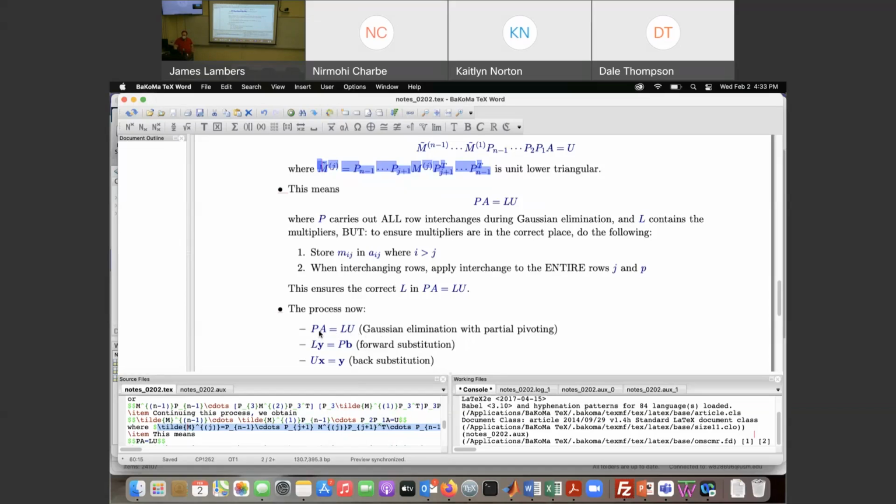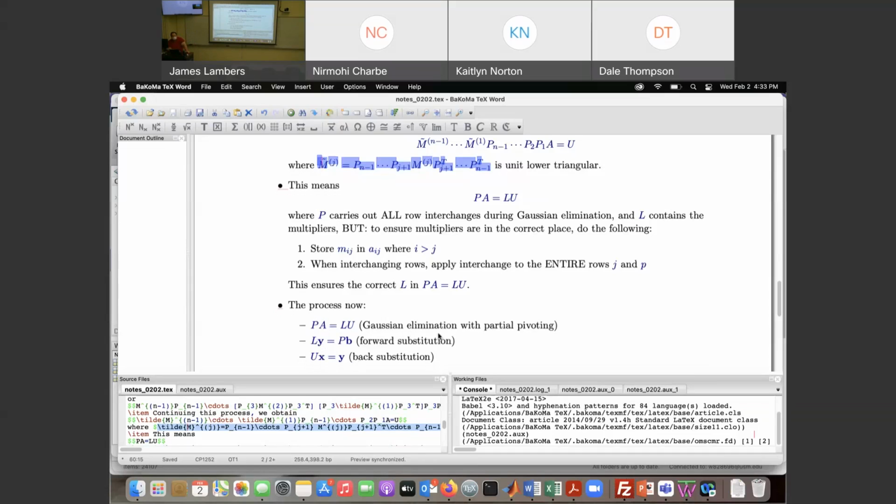So then when you move to forward substitution, before you were solving Ly equals B. Now you're solving Ly equals PB. So whatever row interchanges you had to make to A, you also make to B, which makes sense. You're applying whatever row operation to both sides. You have to do that. And then the last stage, Ux equals Y, is the same as before. So pivoting doesn't really change things all that much.